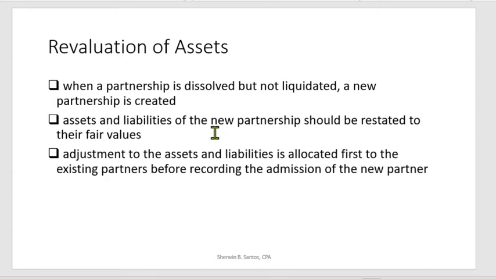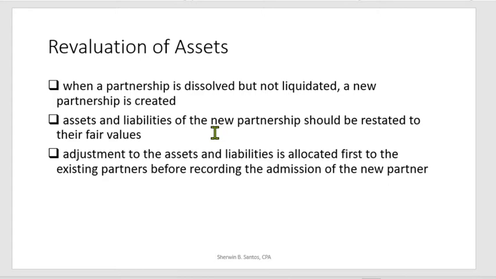So what happens to the adjustments? The adjustments to the assets and liabilities are allocated to the existing partners first before recording the admission of the new partner. It is proper to allocate any changes in the fair values to the existing partners, whether it is an addition or a reduction in the value of the assets or the liabilities, before admitting the new partner, because those fair values are the result of the efforts and the performance of the existing partners.